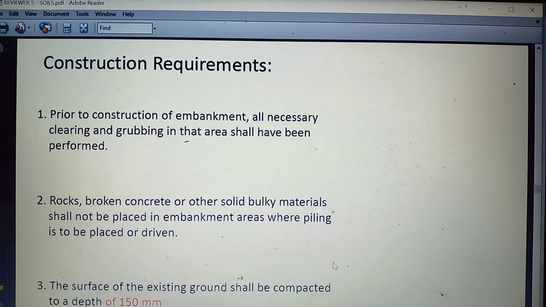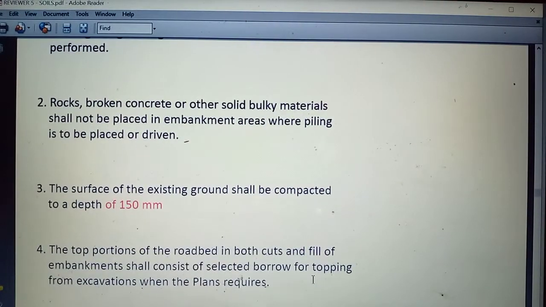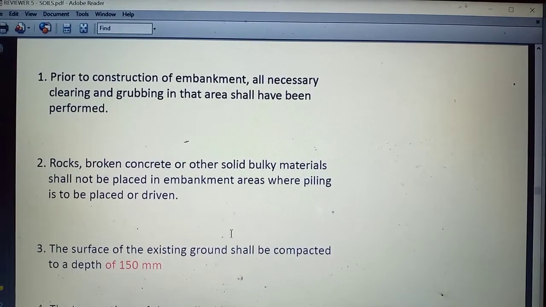The surface of the existing ground shall be compacted to a depth of 150 mm. The top portions of the roadbed in both cuts and fill of embankment shall consist of selected borrow for topping from excavations when planned required. Yan yung mga requirements ng embankment.